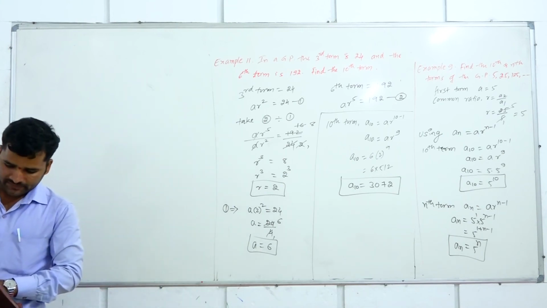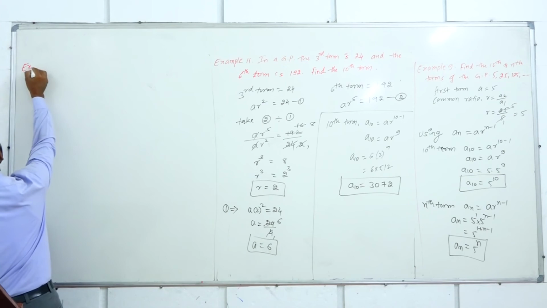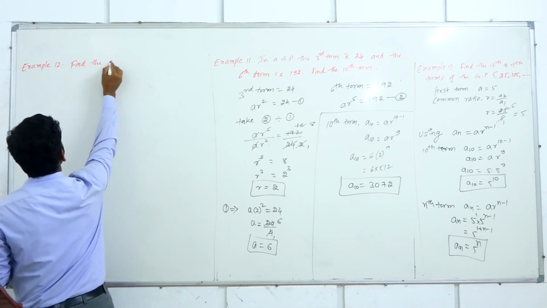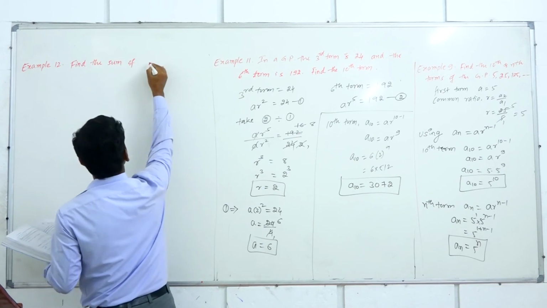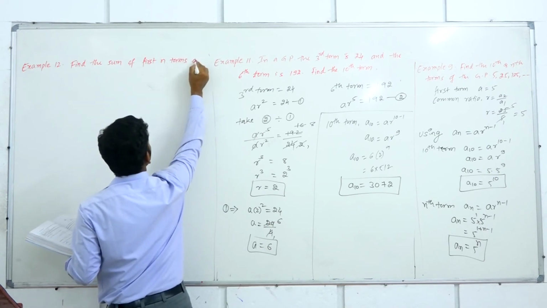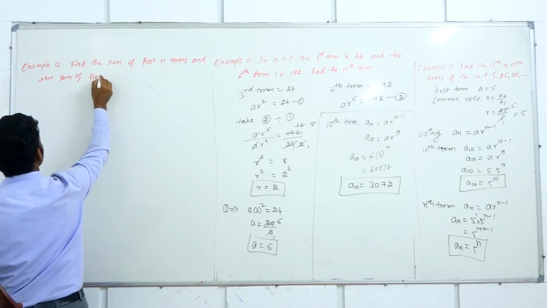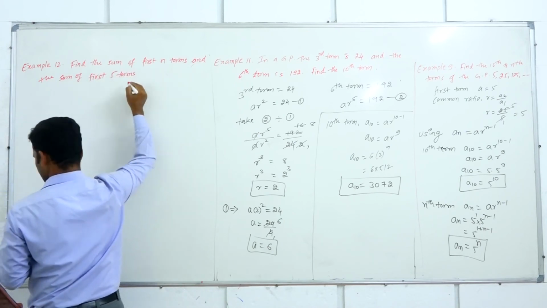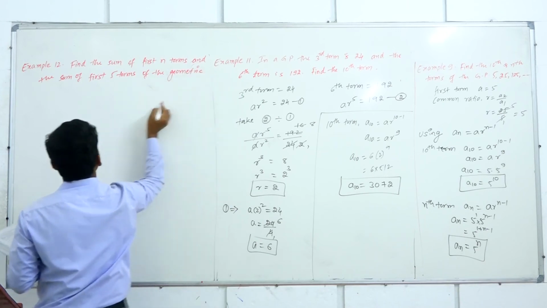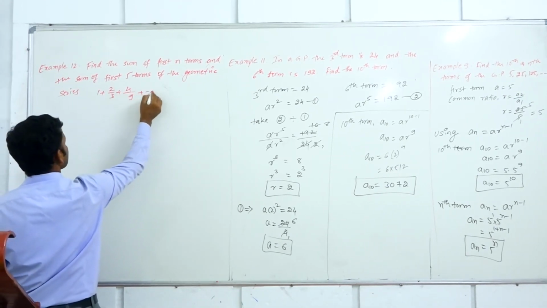What is example number 12? Find the sum of first n terms and the sum of first 5 terms of the geometric series 1 plus 2 by 3 plus 4 by 9 plus so on.